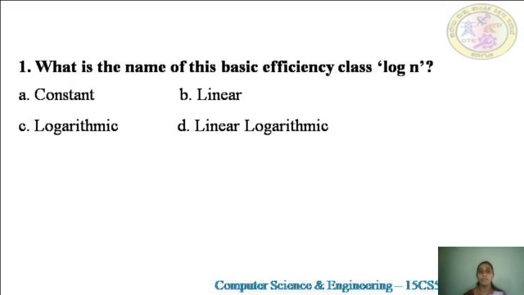So now we shall have the multiple choice questions. The first question is, what is the name of this basic efficiency class, log n?